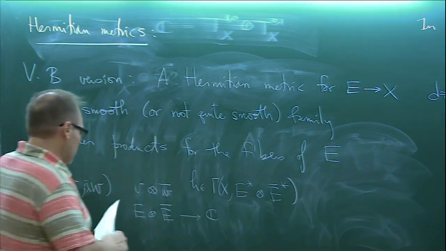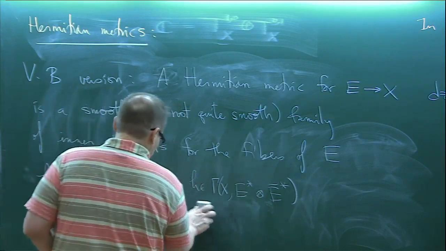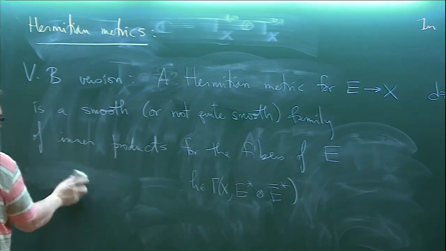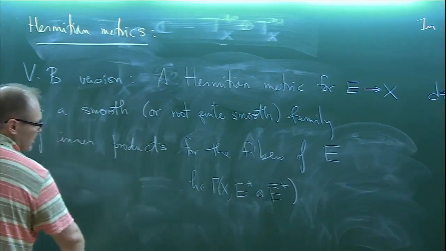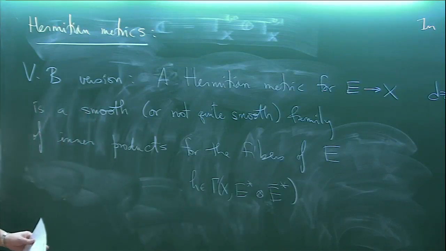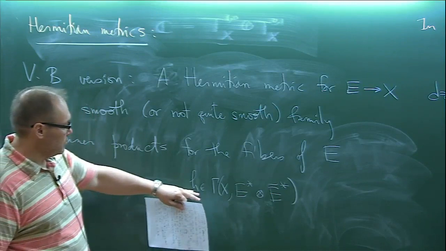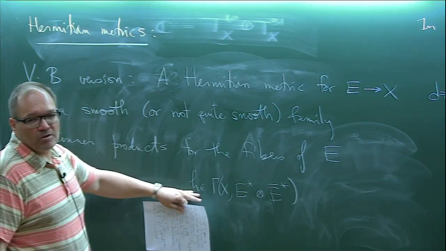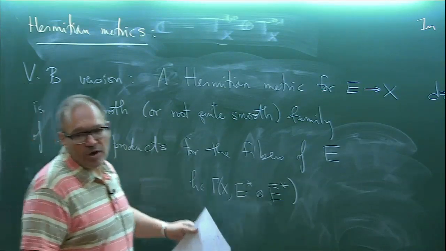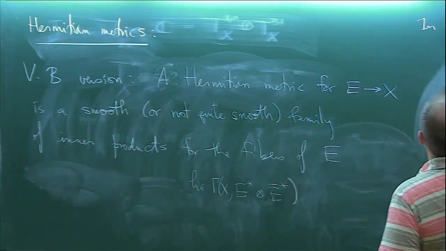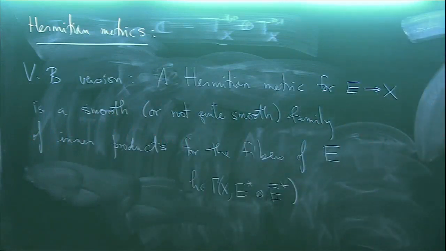So this is really the definition of a Hermitian metric, and it can be smooth or measurable. If it's measurable, it's not defined point-wise and so on, so you have to be careful if you're going to work with just measurable metrics. Later on, we will discuss certain kinds of very singular metrics, but they won't be as bad as measurable. Okay, so far so good.